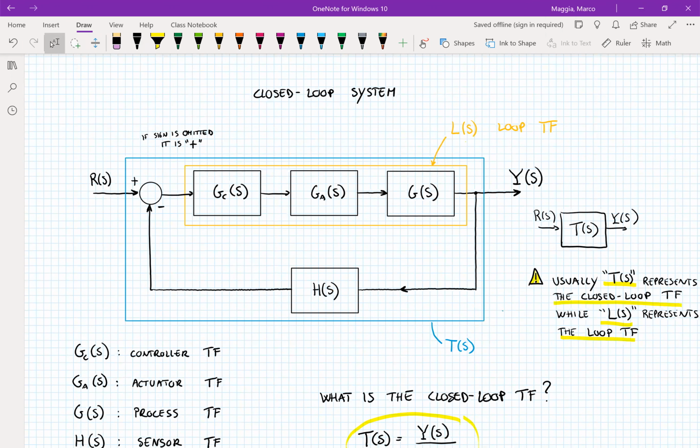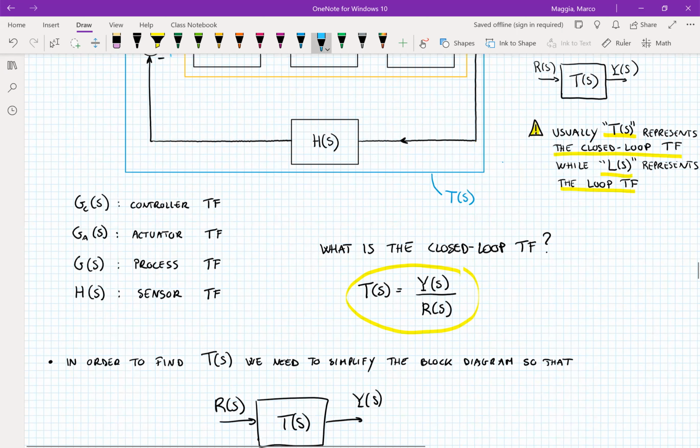Here, in this case, for the closed loop system, in the traditional way, the signal coming out of the summing junction is the input minus the measured output times the sensor. So this is the error. We'll just call it E of S, but you can call it any name, of course, as long as you haven't used it to name the input, the output, or one of the blocks.